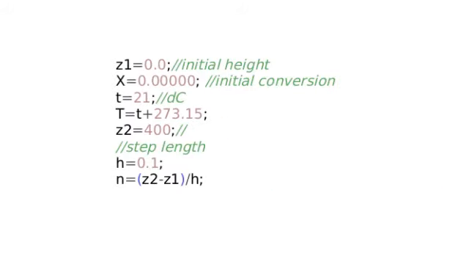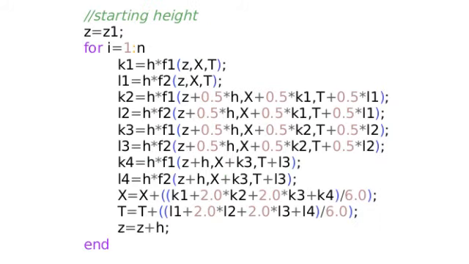These are various constants and step length you can see, and we have calculated the number of iterations we will do for the loop, and final height Z2 we have taken as 400, and it depends upon you. This is the important part of the code.